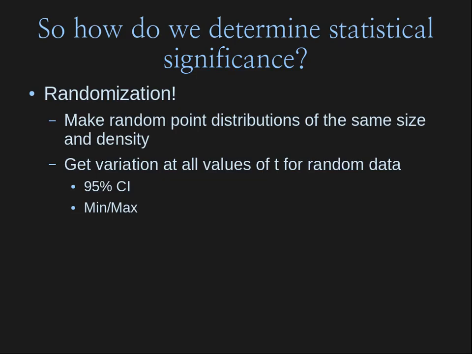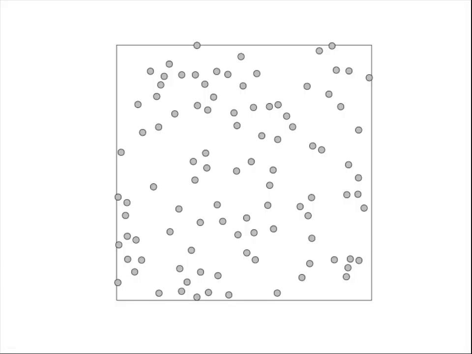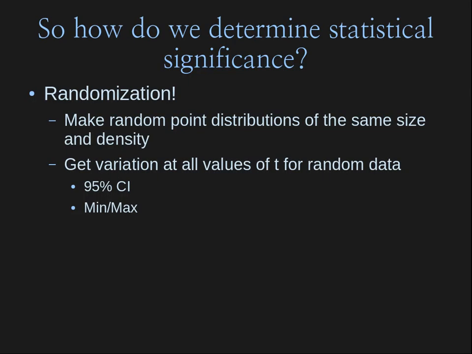So for instance here, what we do is we make a bunch of random point distributions. We go back and generate our plot like this, but we just start throwing out random points, and we do it for the same density.